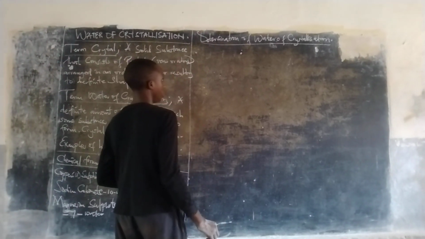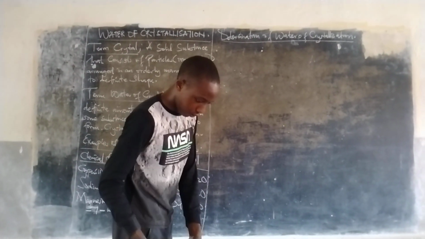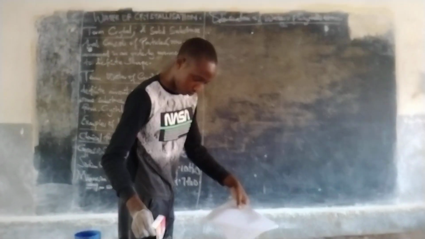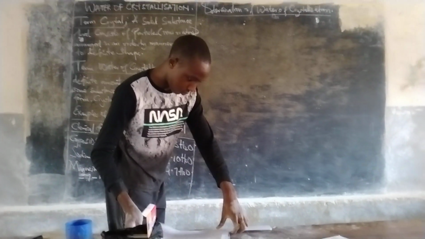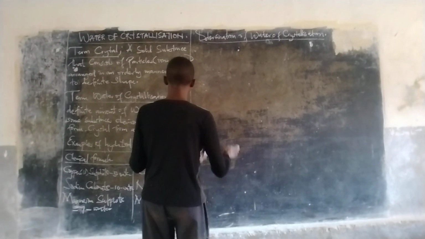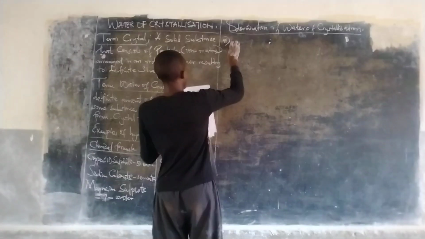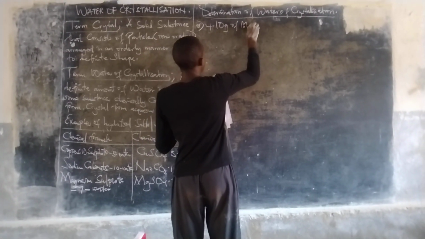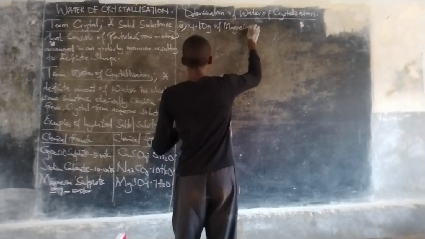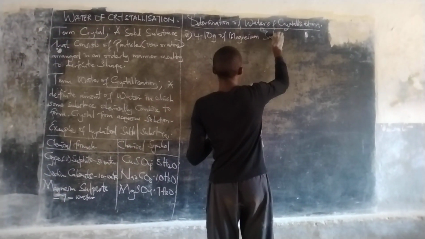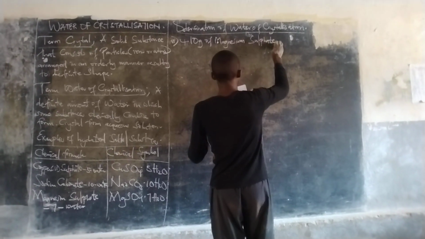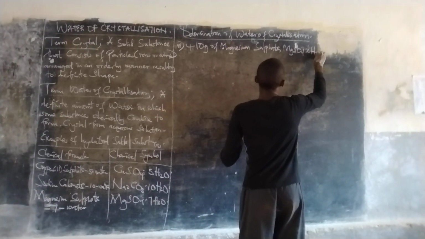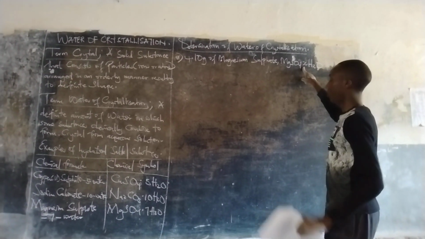For example, I have a simple question here saying that 4.01 gram of magnesium sulfate, which is written as this. So we are interested in finding the value of x.